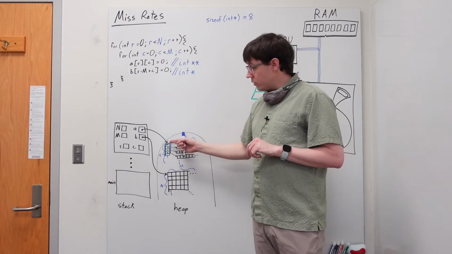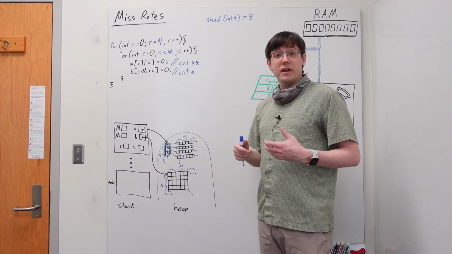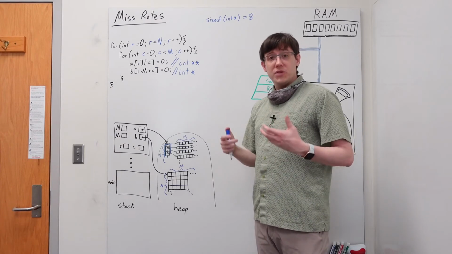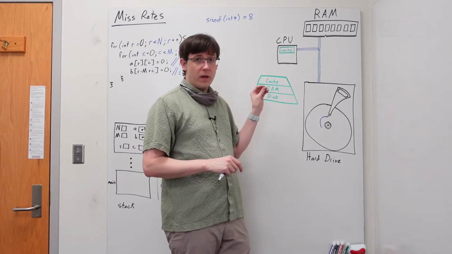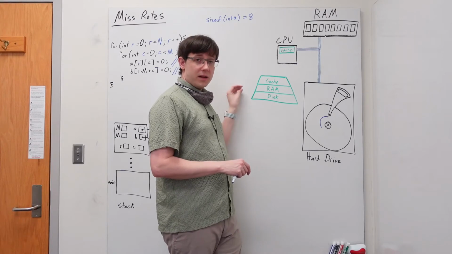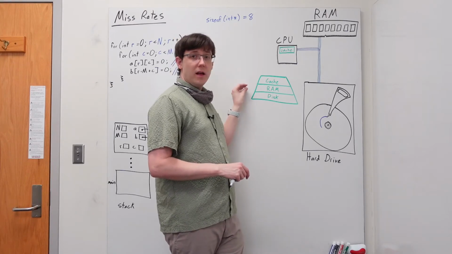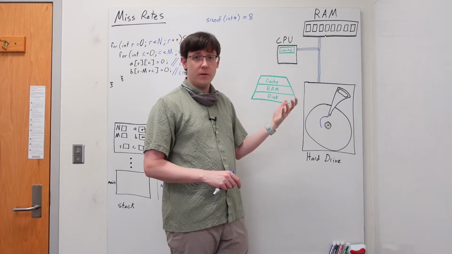We also need to know the size of a block, and that is something that depends on the specific architecture of the system that we are working with. Different CPUs might use different block sizes when they move data between the RAM and the cache, or between levels of the cache.